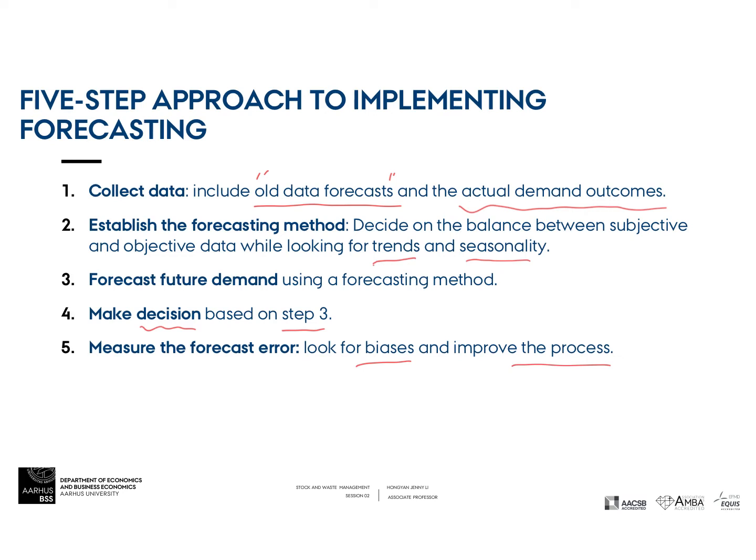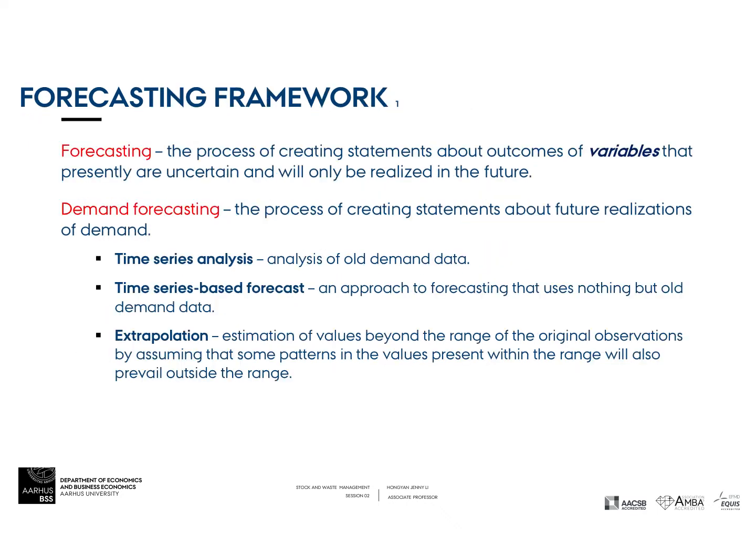Any method you need to evaluate for quality, otherwise you cannot guarantee it will work or fit the truth. In our next lecture about newsvendor models, the textbook gives an example to show why it's important to have both the old data forecasts and the demand outcomes.